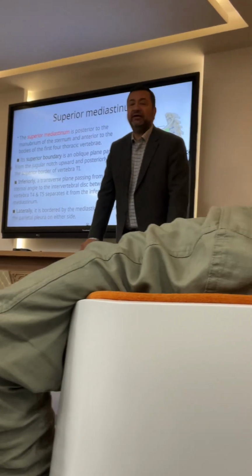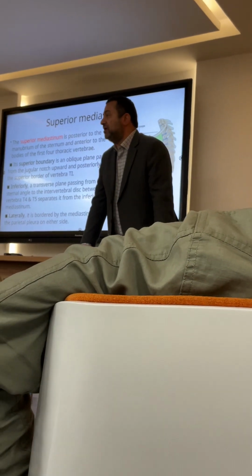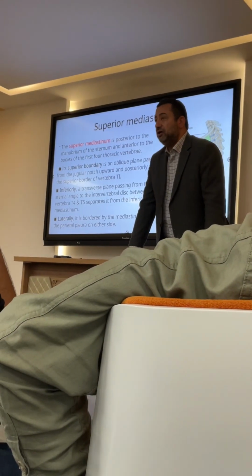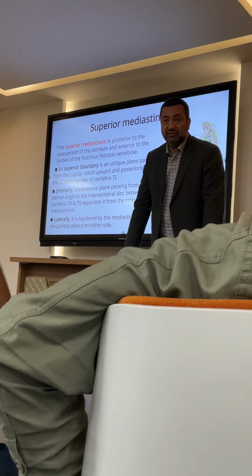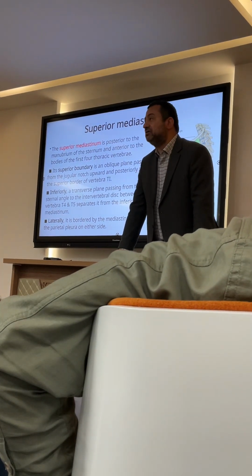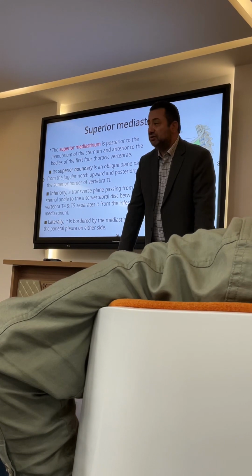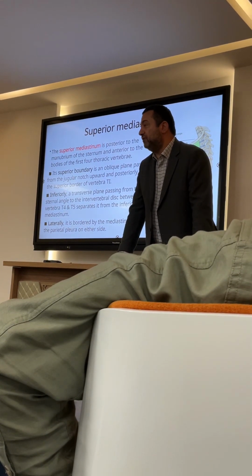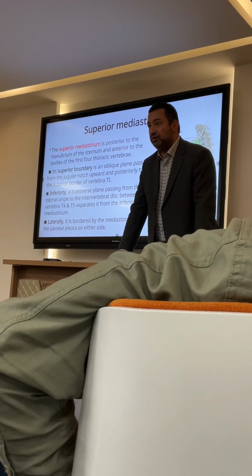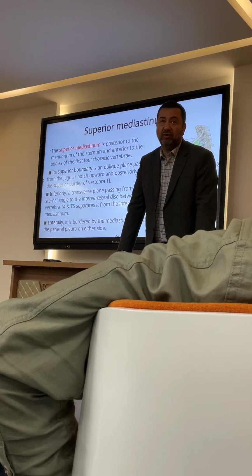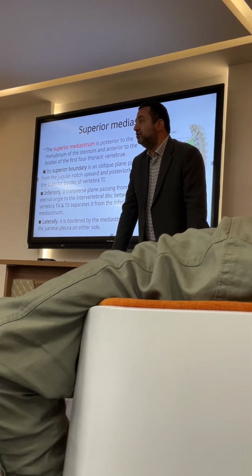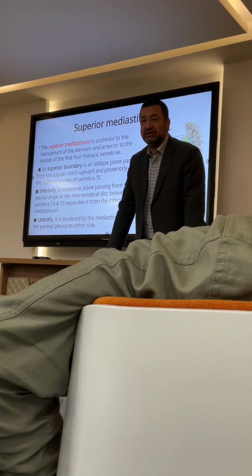The superior border of the superior mediastinum is the thoracic inlet. The thoracic inlet is composed of the first ribs, the superior border of the manubrium sterni, the jugular notch, and posteriorly T1, the first thoracic vertebra.